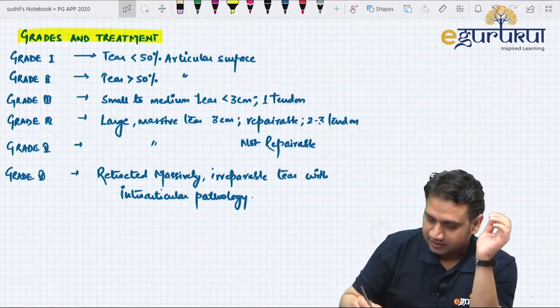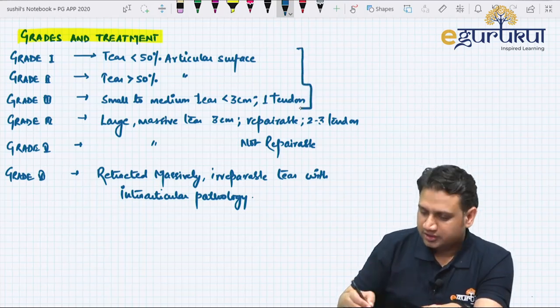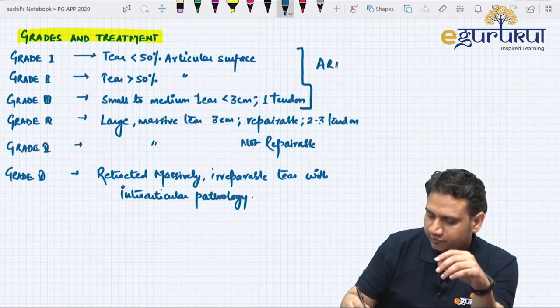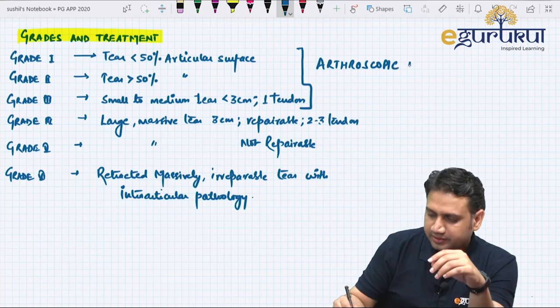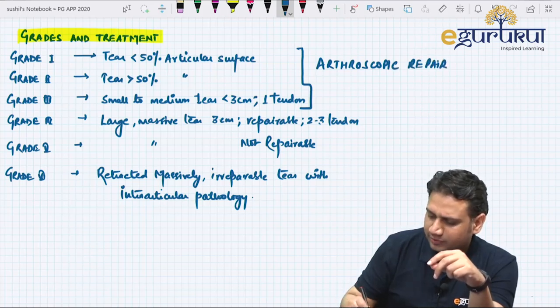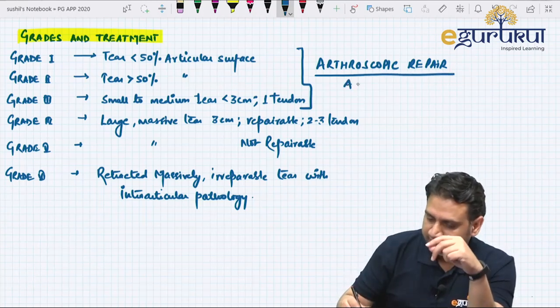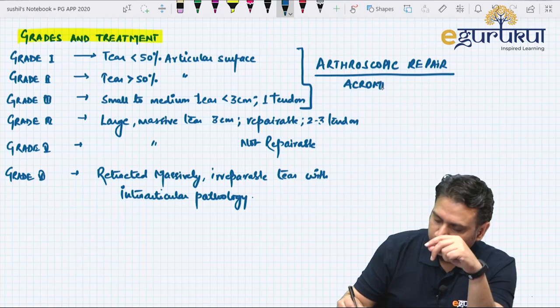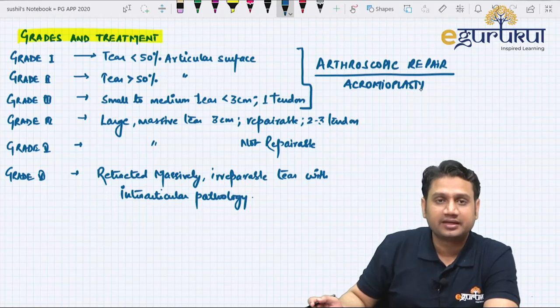For these first three grades, we can go for arthroscopic repair, very simple, along with decompression or debridement, whatever is required, and if needed, acromioplasty.